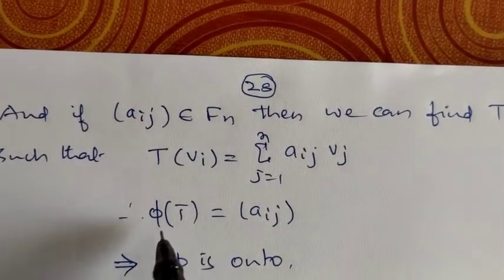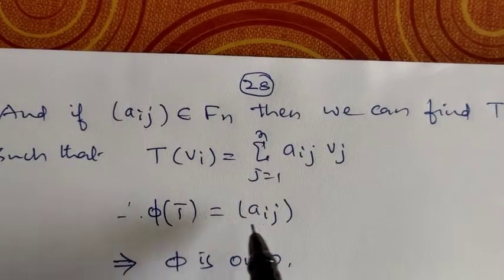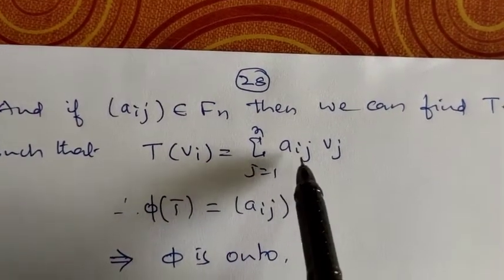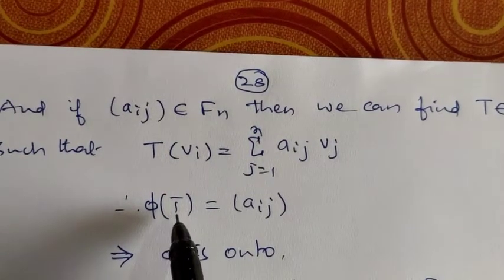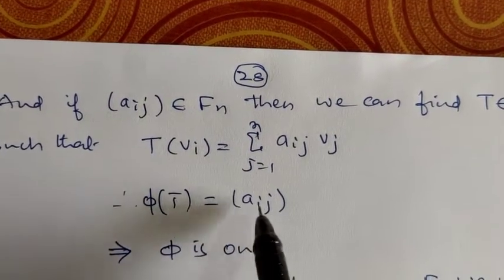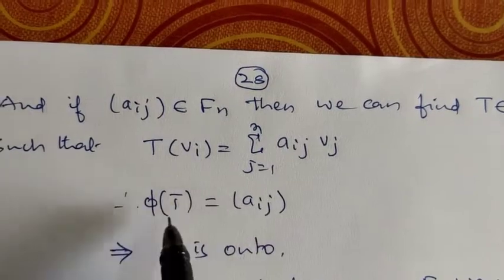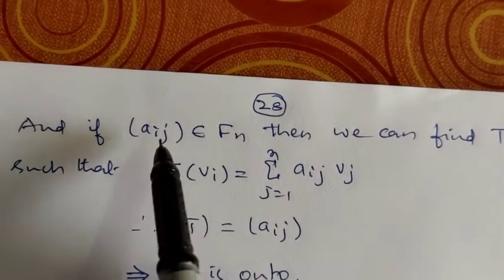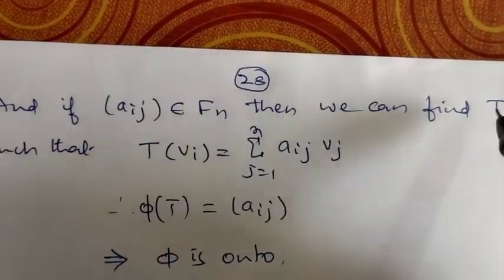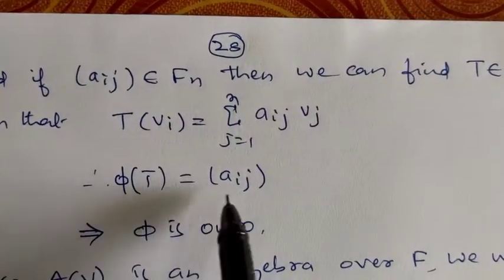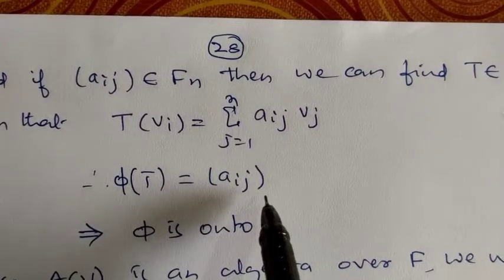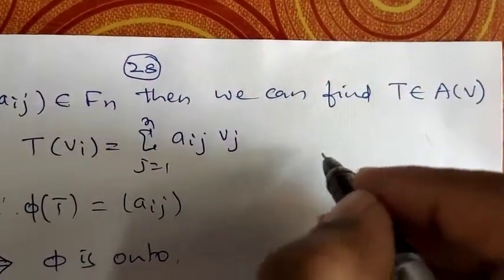Therefore phi of t, the matrix of t, is this Aij. So phi is a mapping which maps every transformation to its matrix, so phi of t is equal to Aij. Thus, if Aij belongs to Fn, then there exists t belonging to A of V such that phi of t is equal to Aij.